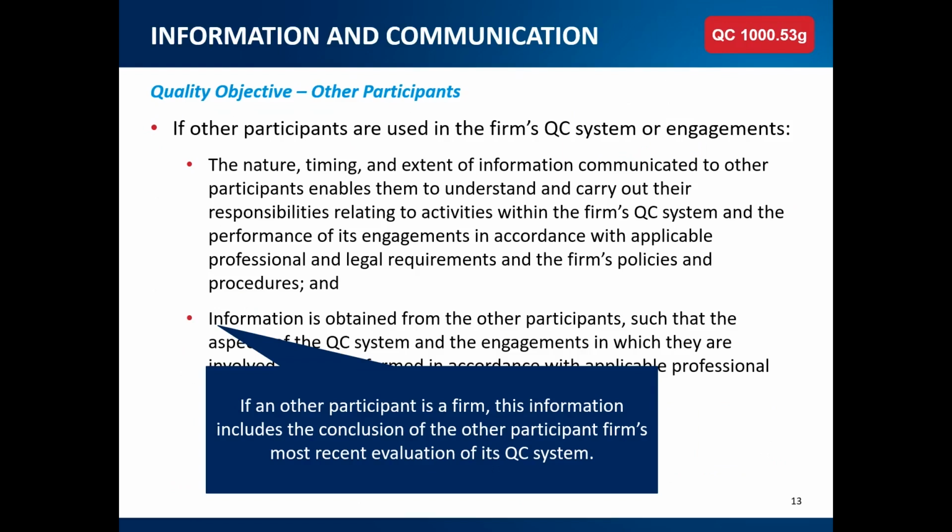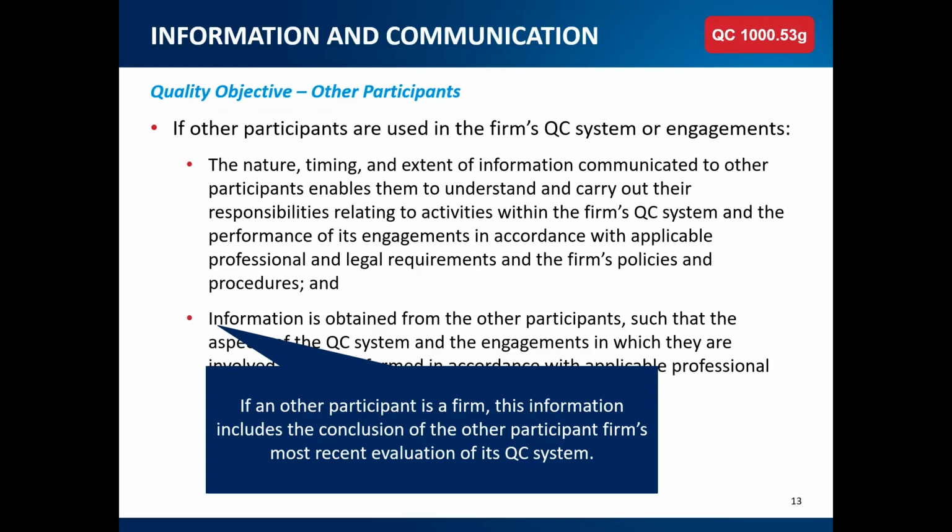If the other participant firm did not evaluate its QC system under QC 1000 as of the most recent evaluation date, then this provision refers to the most recent QC evaluation performed by the other participant firm under any other professional standards such as ISQM1 or SQMS1.